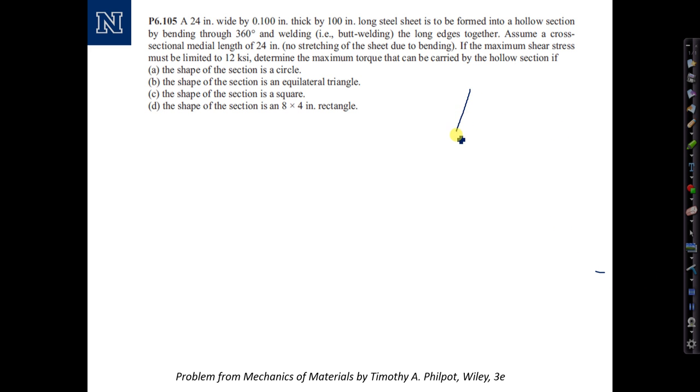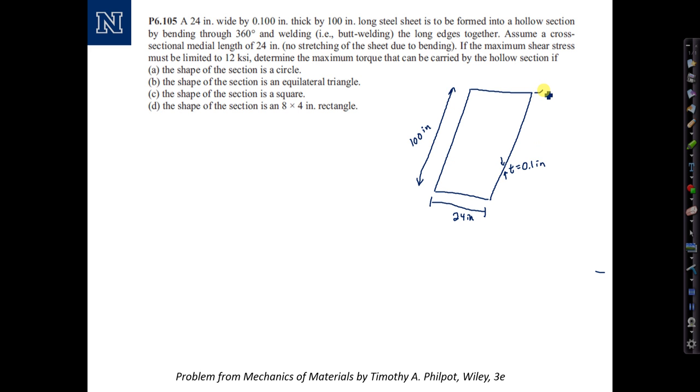Basically what it's telling us, we have a 100-inch long sheet, like so. The long dimension being 100 inches. The shorter dimension in this direction being 24 inches, and the overall thickness being 0.1 inches.